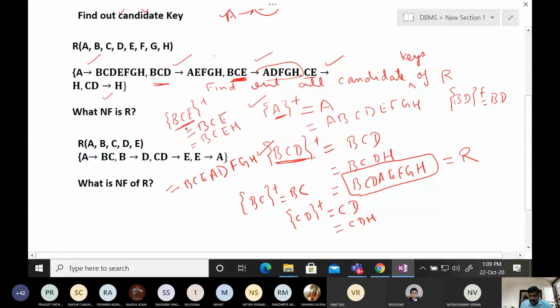Now find out the prime attributes and non-prime attributes, or key attributes and non-key attributes.